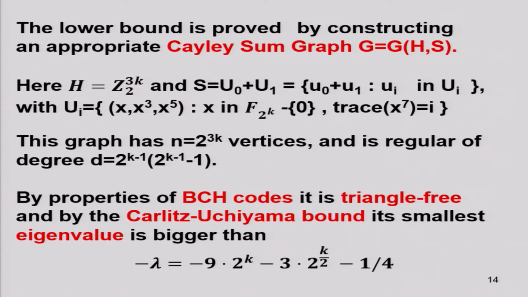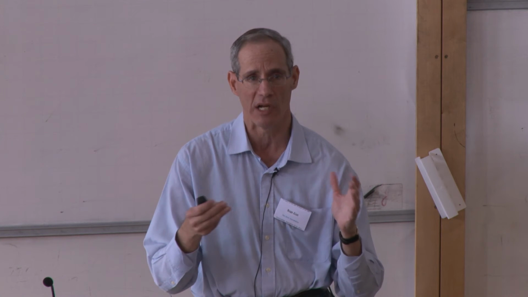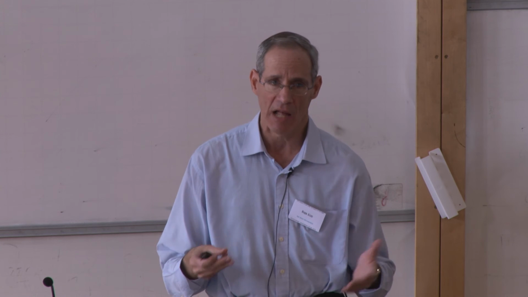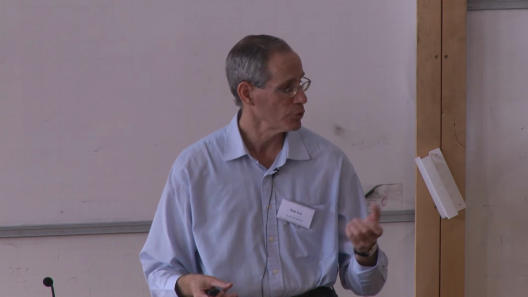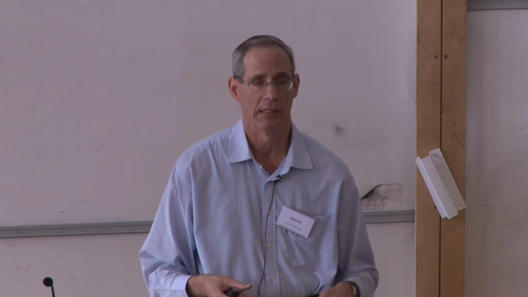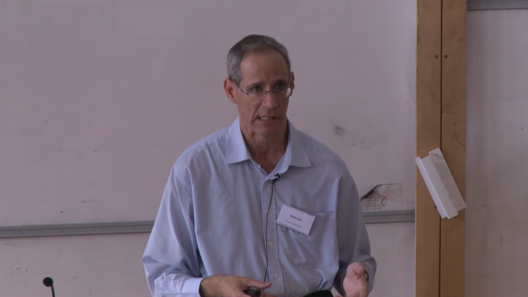The other one is an eigenvalue bound, and this is a deeper effect, the so-called Carlitz-Uchiyama bound, which is basically a special case of Weil's famous theorem. It tells us that every eigenvalue besides the biggest, which for regular graphs is always the degree of regularity, is in absolute value at most some constant times n to the 2/3, or 2 to the k.